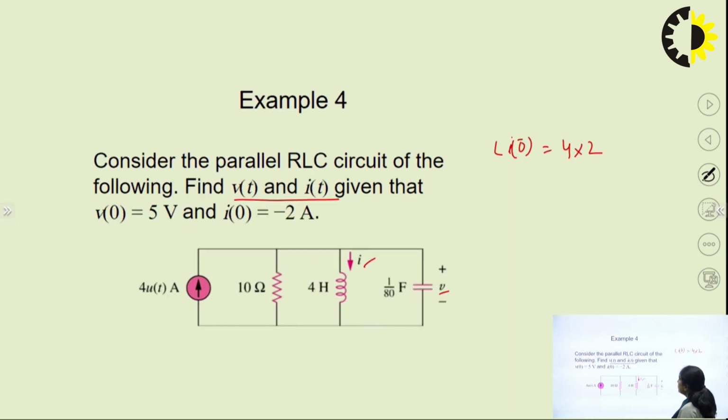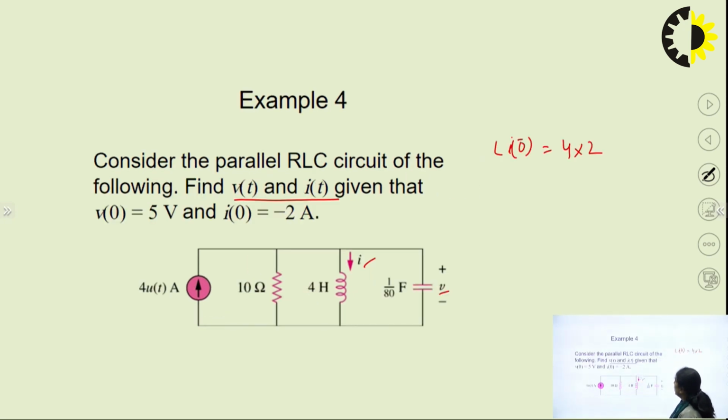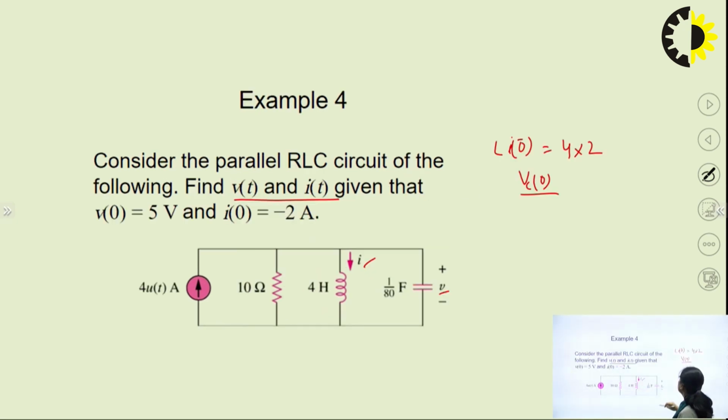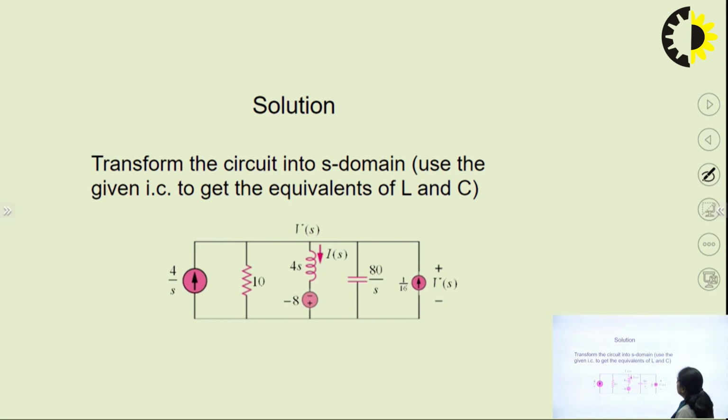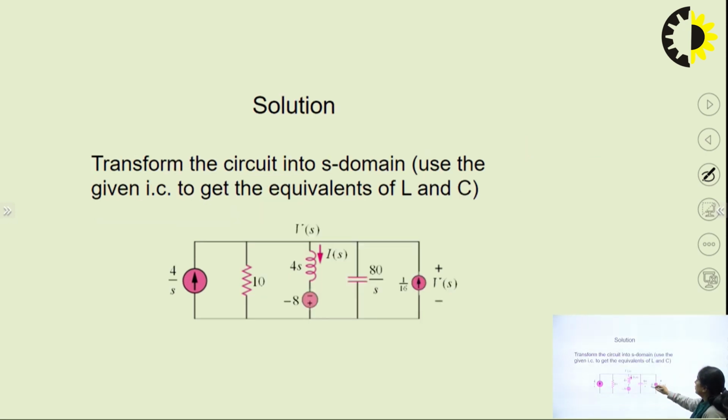In a similar way, this is the voltage VC0, and VC0 is given as 5. This is the value of the capacitance, 1/16.